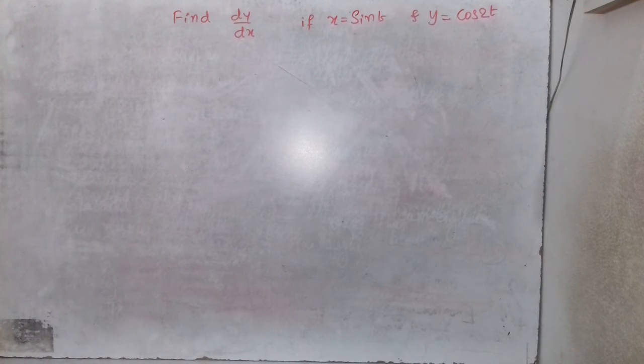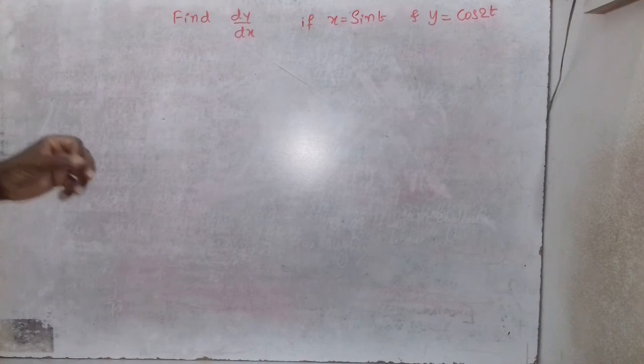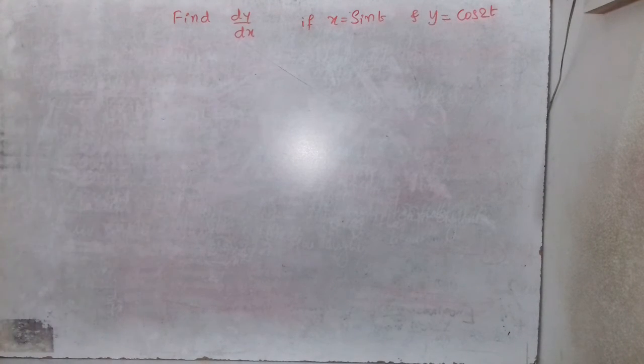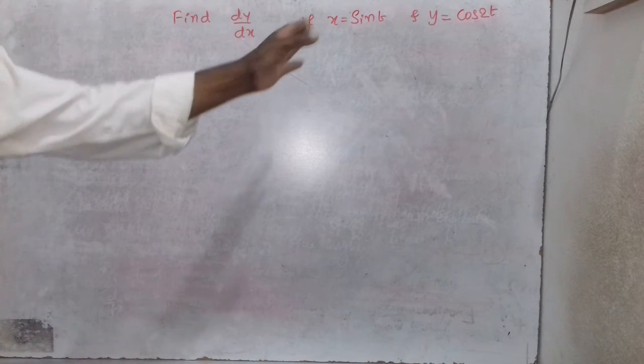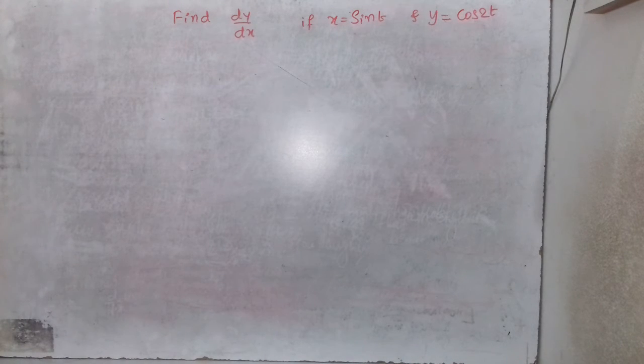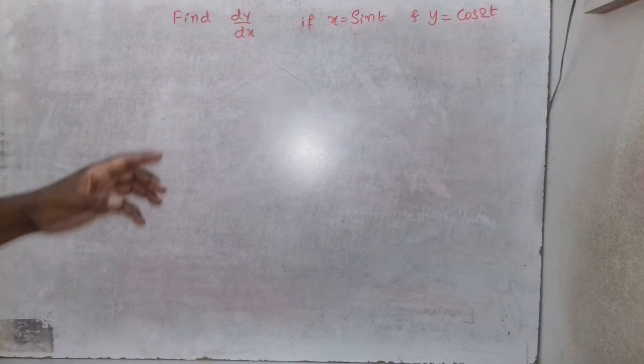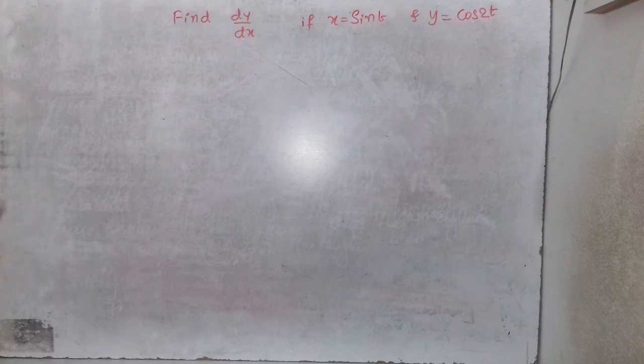Consider the problem: find dy by dx if x equals sin t and y equals cos 2t. In these parametric equations x and y, the common parameter is t. Therefore we have to differentiate x and y with respect to t.